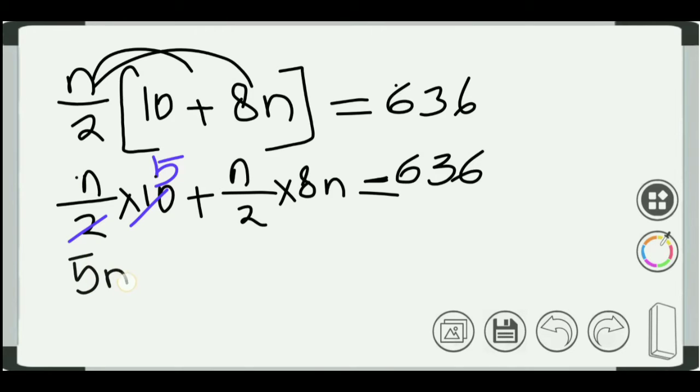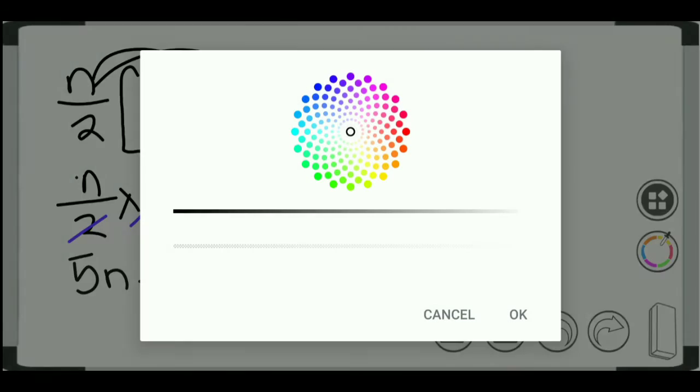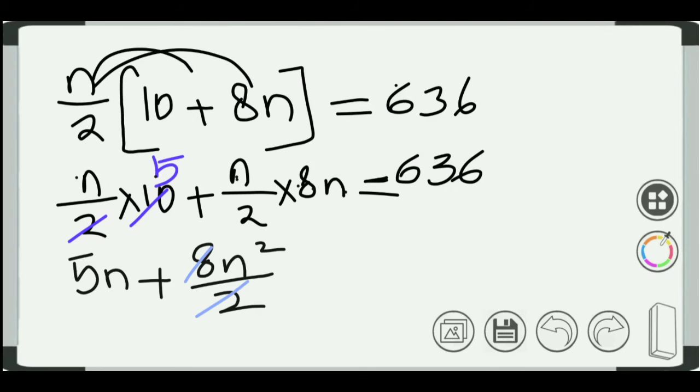So 5n plus 8n into n, 8n square divided by 2. If you want, you can cut this also. 4 into 2 is 8. Equal to 636. Now you got a quadratic equation: 4n square plus 5n equal to 636.